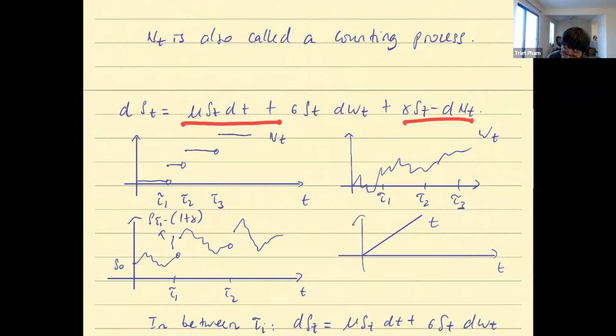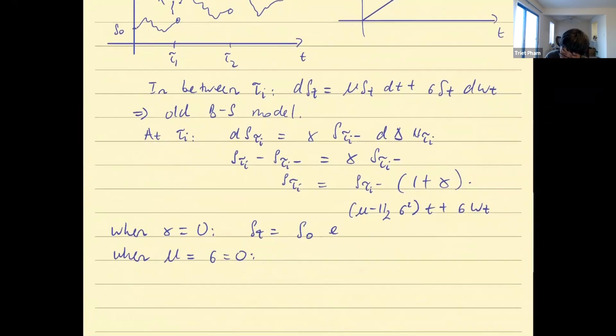The stock can be decomposed into a continuous component and a pure jump component. So when we have no jump, then this is the continuous part. When we turn off the continuous part, then we got something like this.